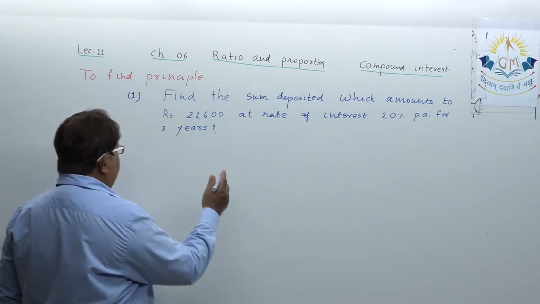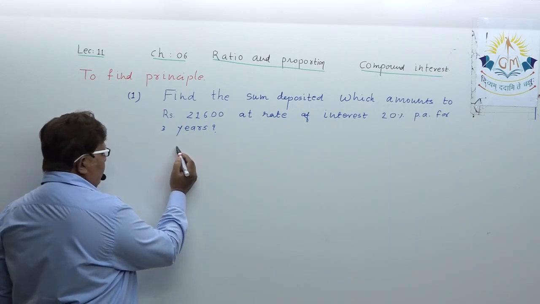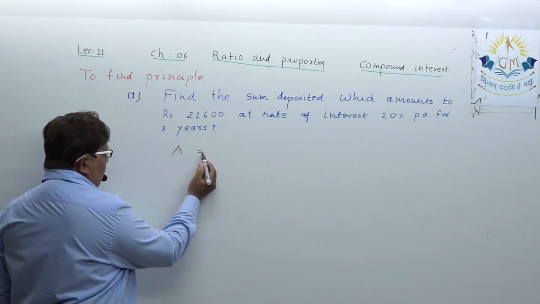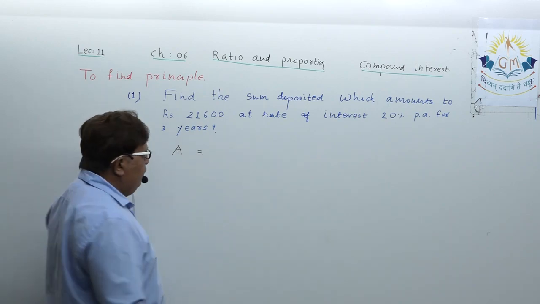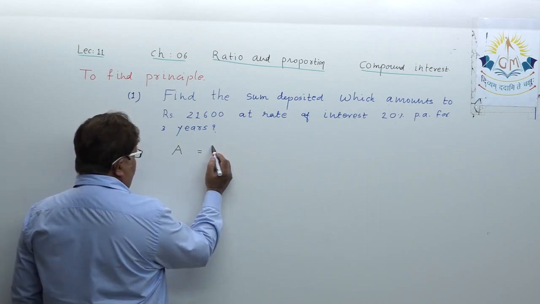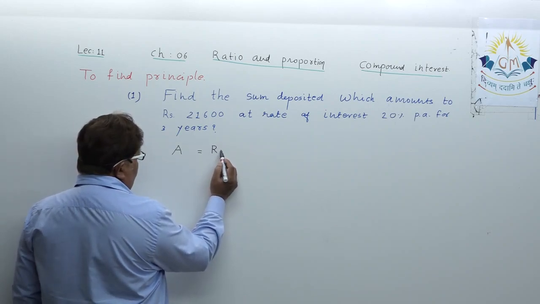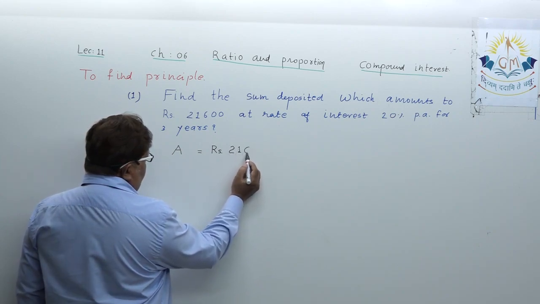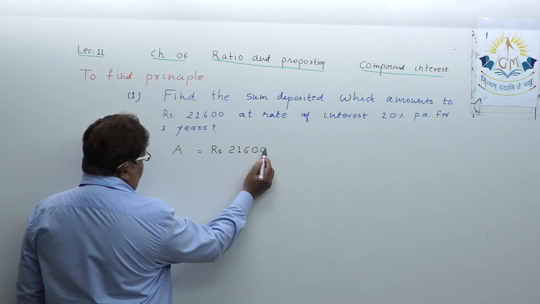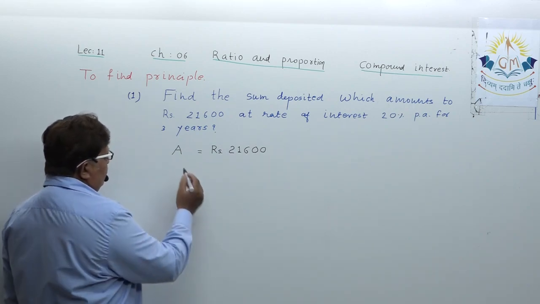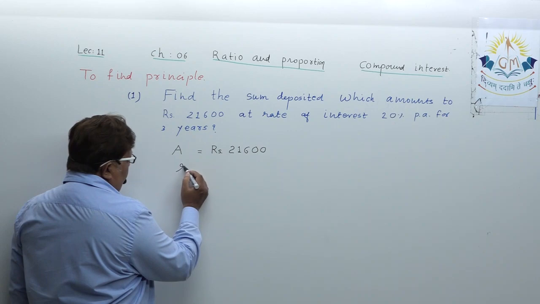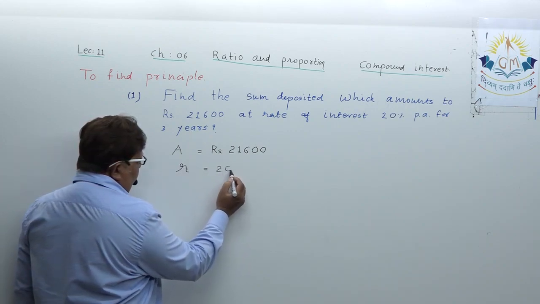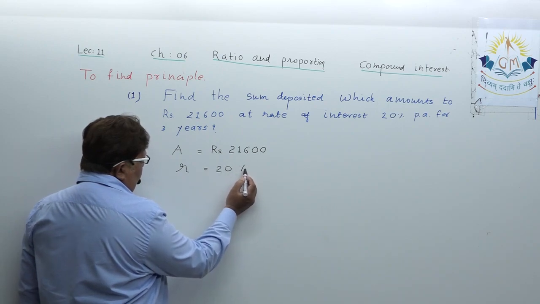Okay, first write the given data whatever is available. Amount is already available to us. Amount rupees 216,000 available to us. Rate of interest, that is 20% per annum, available to us.